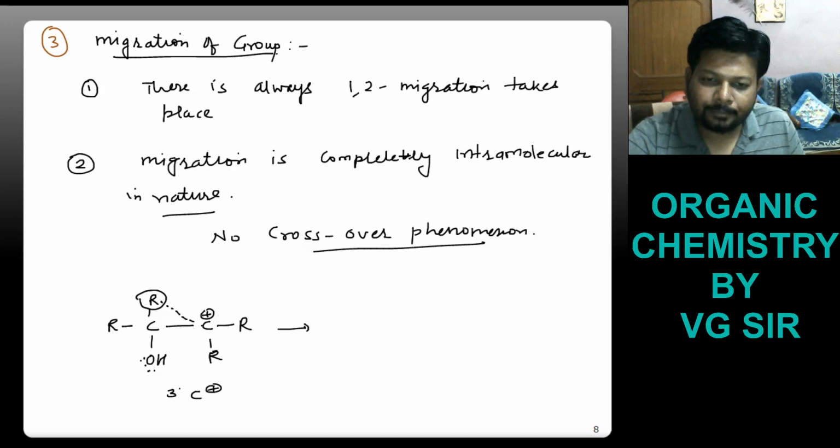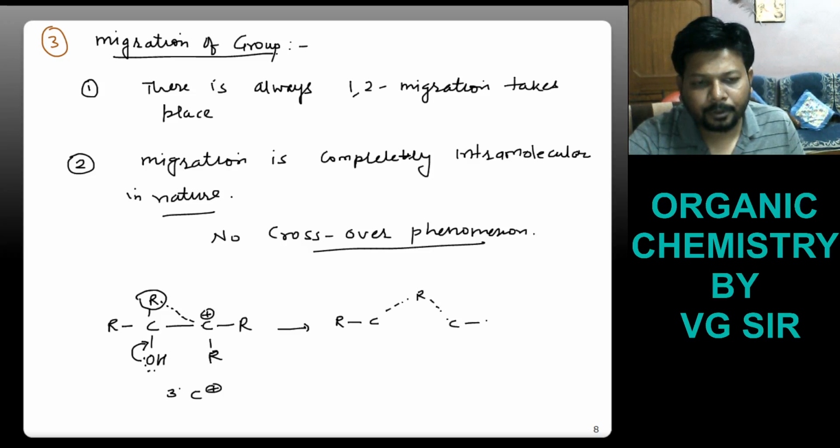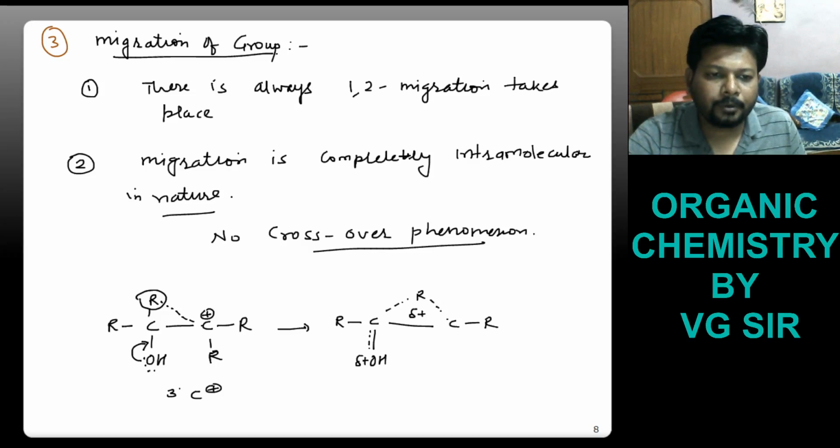At the same time, the lone pair of electrons from the oxygen starts participating in the pi bond formation. So there is a transition state like this. This is the transition state for migration.